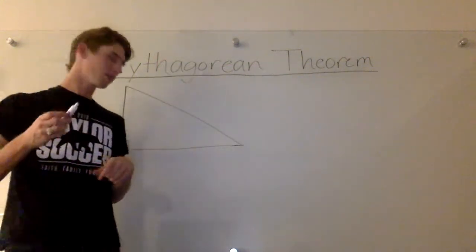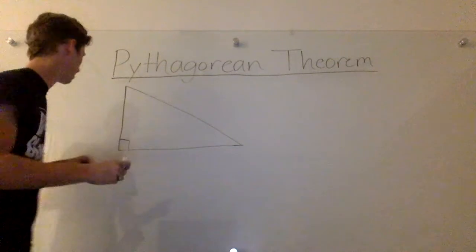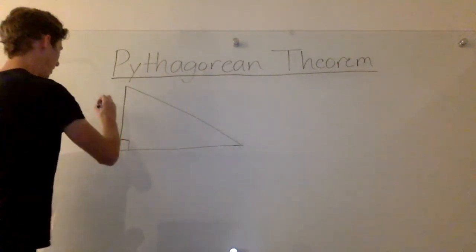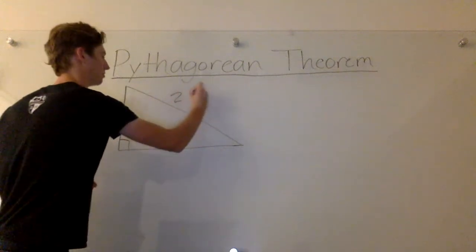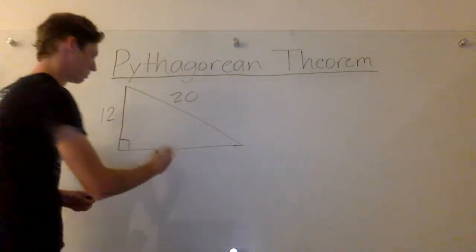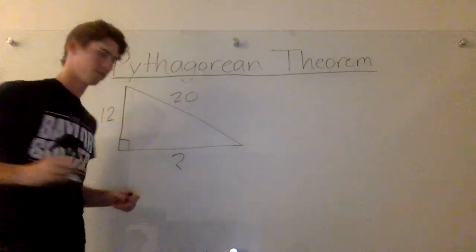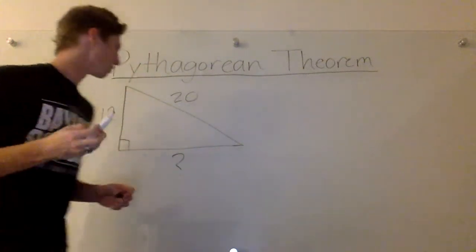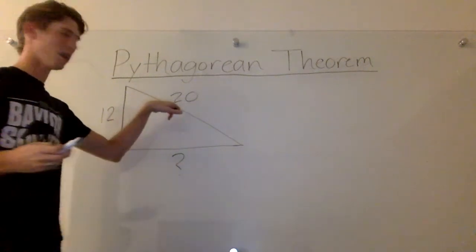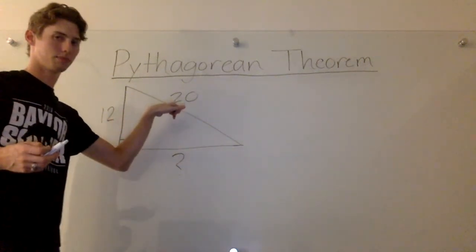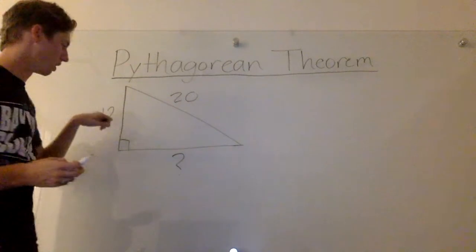All right, so let's look at another example, except this time we're going to be given that this is 12, this is 20 here, and that this is our missing side. So now when we look across from the right angle, we actually have our hypotenuse this time. We're missing either a or b.